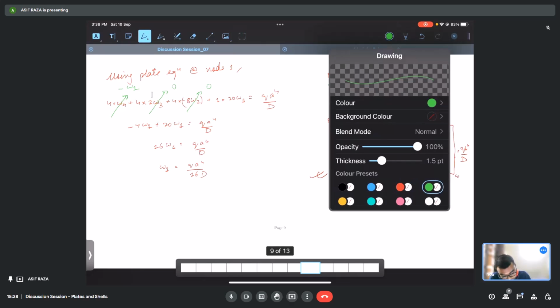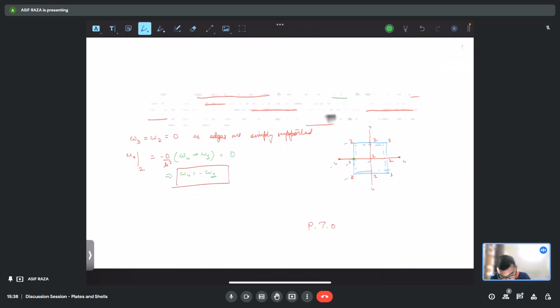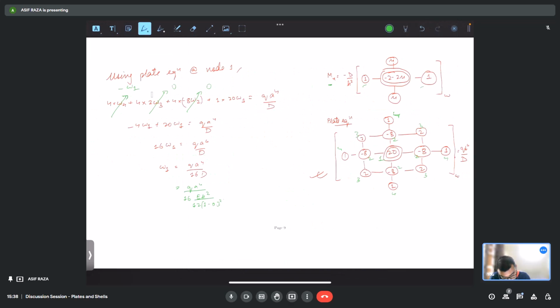We have Qa4 by 16, D is EhQ upon 12, 1 minus nu square, with nu 0.3. Simplify it, we'll get 16 times 1 minus 0.3.